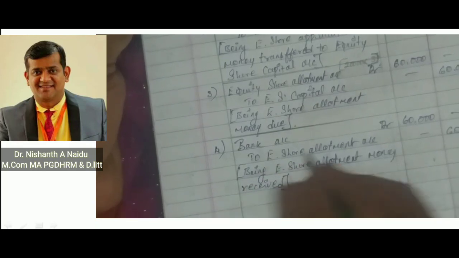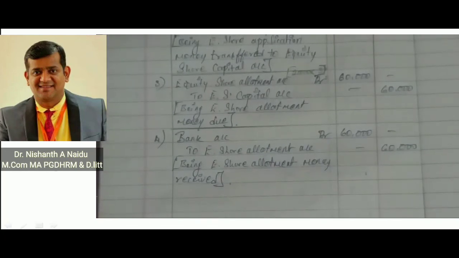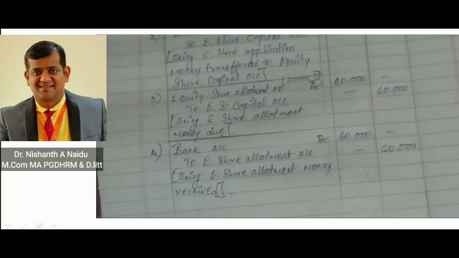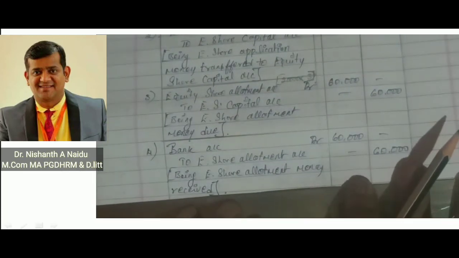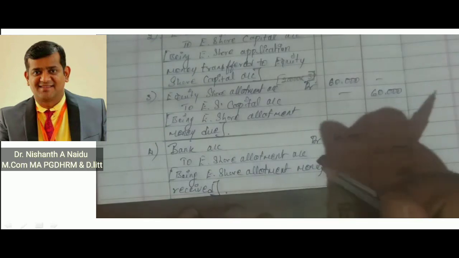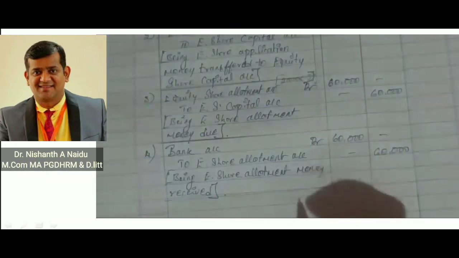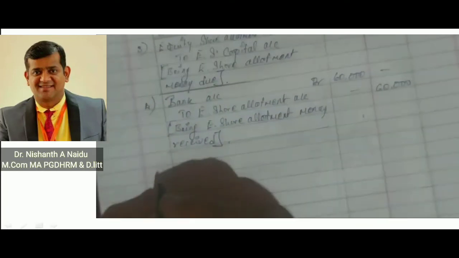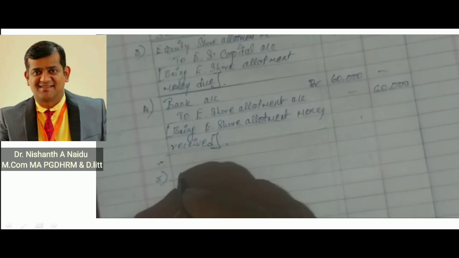So do you have any confusion now? No, right? Till here it is clear? Yes. So I'm closing this. So next we do have a due entry. Okay. So due entry of first call money. That is going to be the fifth entry. So the fifth entry is first call money due.